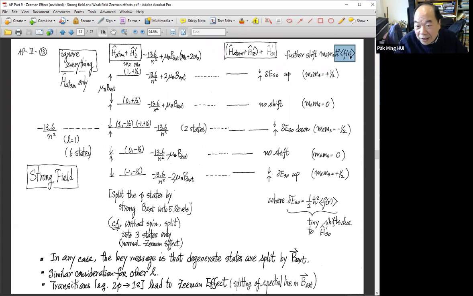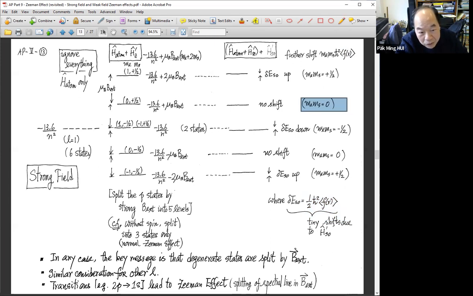We haven't calculated it, but it is a perturbation. The shift cannot be big. So it will move up a little bit by this amount, and this amount is defined as such. Now, this state is a 0, so there's no shift.